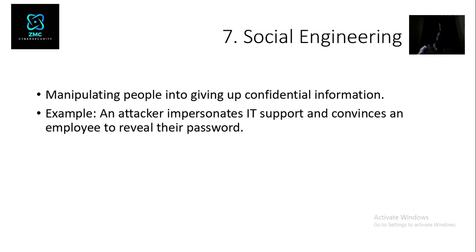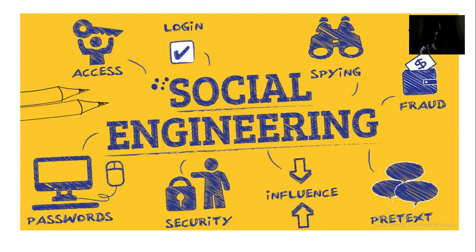Maybe the person wants to gain access to your banking system or to your home Wi-Fi password. So this is the kind of technique that is used for such an attack.